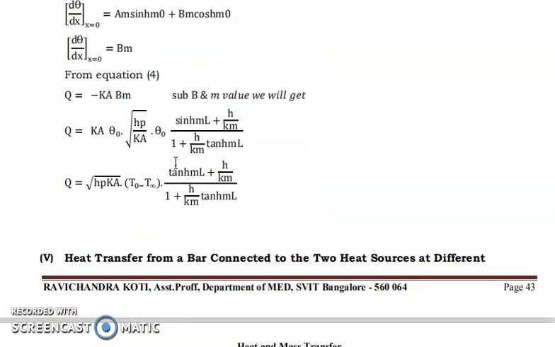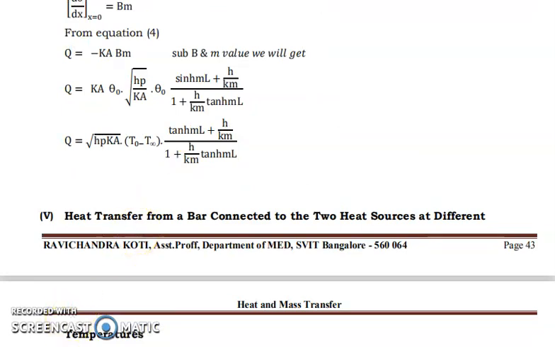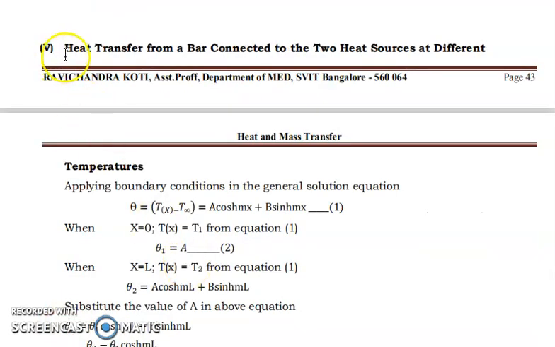Okay. Now the fifth boundary condition, that is heat transfer from a bar. There is one bar connected to two heat sources at different temperatures, T1 and T2. There is one bar like this.